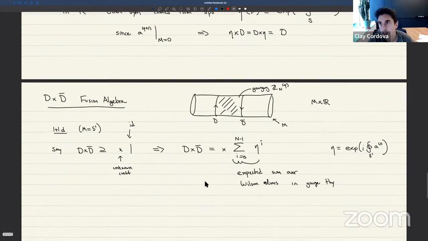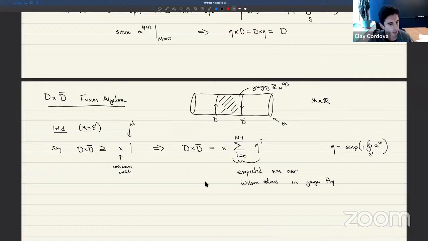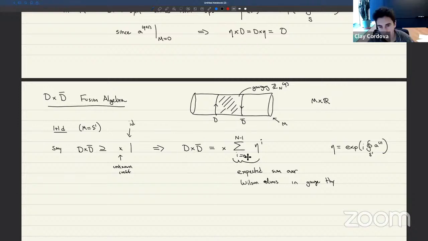Can't there be defects that are in the kernel of multiplication by eta, which could be on the right-hand side? Yes, thank you. Indeed, this is more like a way of motivating the answer. But if you wanted to be more rigorous, you could change the logic a little bit and say that the definition of this fusion D times D bar is to compute the path integral of Zn zero form gauge theory with Dirichlet boundary conditions on each side, together with whatever operator insertions there have to be.